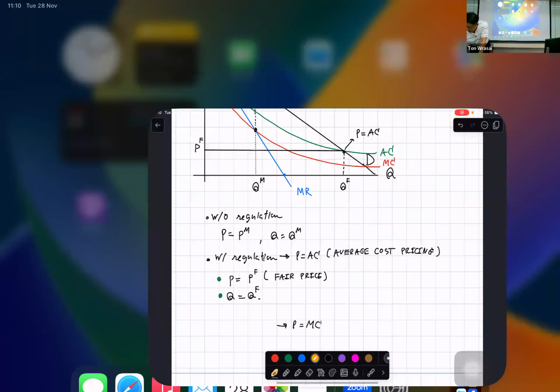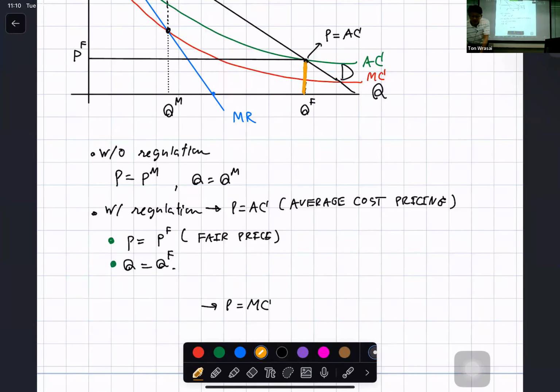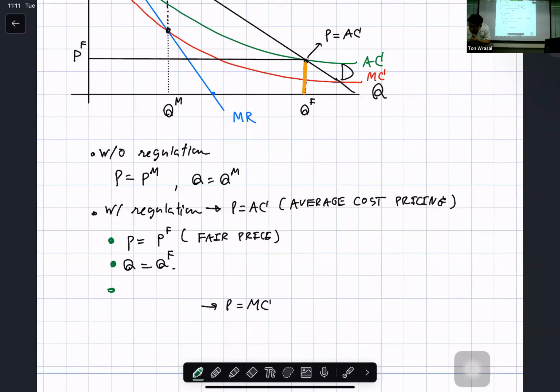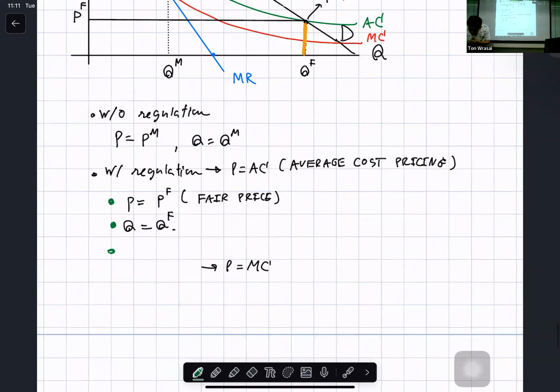This orange stick refer to price that monopolists charge, refer to cost per unit that monopolists must pay. P equal to AC, that means profit equal to zero. Or economic, monopolists receive only zero profits.